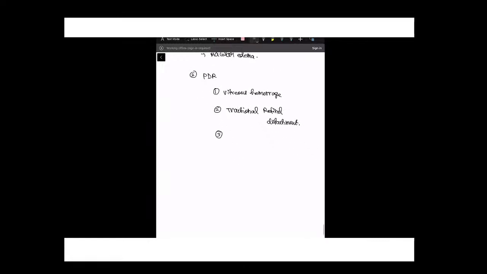And third is our neovascularization leading to neovascular glaucoma.